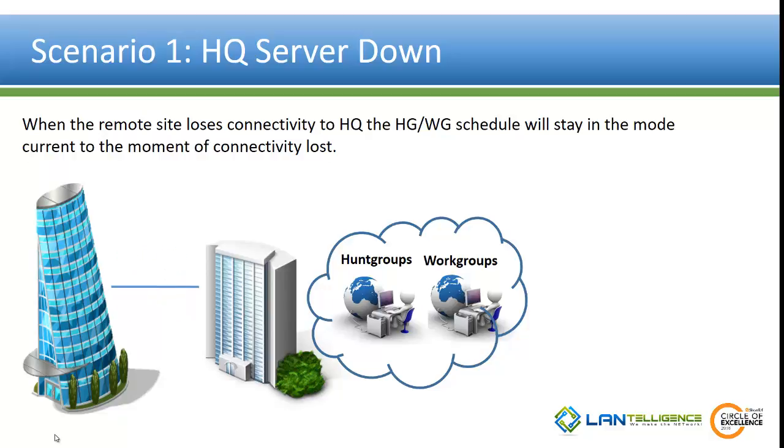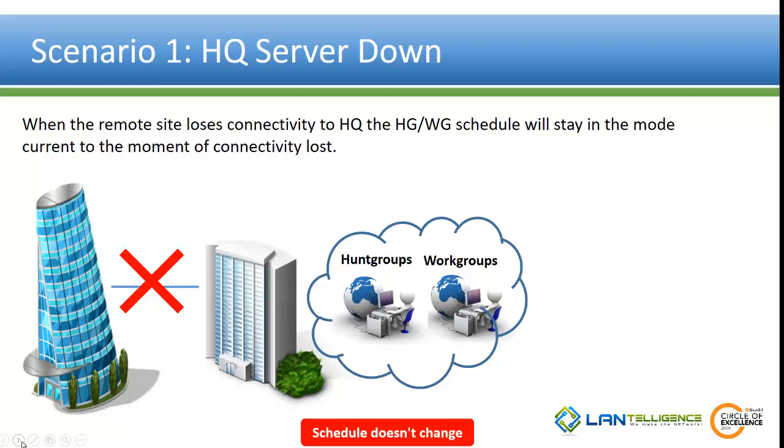Okay, so now what we see is, if we move forward, what happens when we actually lose the connectivity between a remote location, or let's say that you have your HQ in a data center and you got hunt groups and work groups. Well, the last database update for the work group is going to stay, which means if you're a hunt group and you're based on a schedule, you're going to stay at that status.